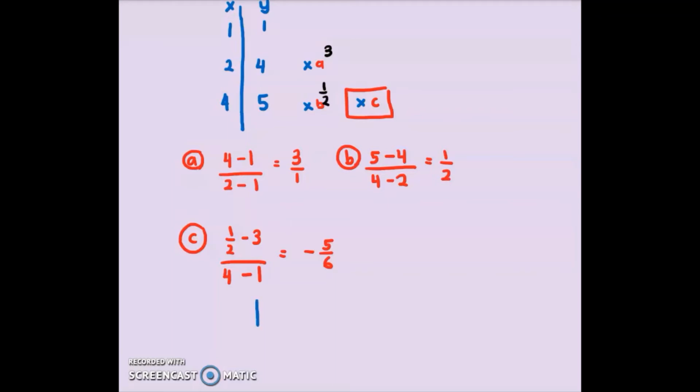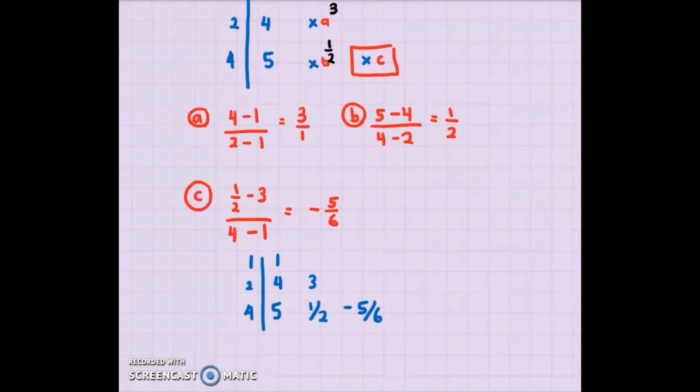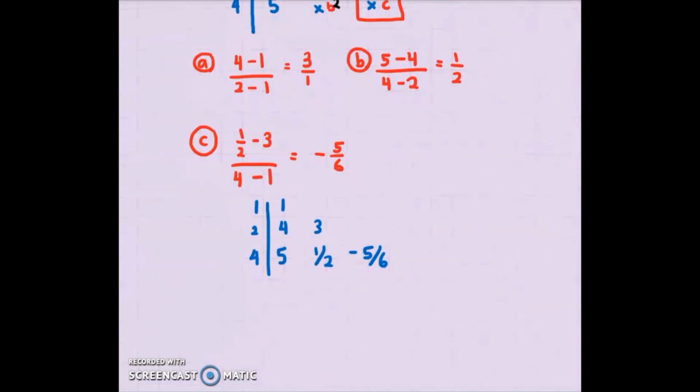So I can write this again as 1, 1, 2, 4, 4, 5, 3, half, and negative 5 over 6. Okay, so once we have all this information here, we can write the polynomial P2.